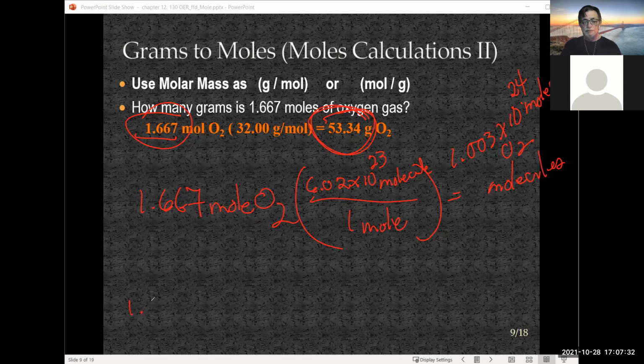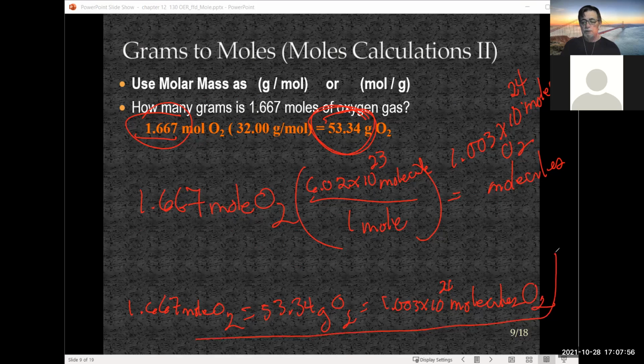Another way of saying that is 1.667 moles of O2 equals 53.34 grams of O2, which is equal to 1.003 times 10 to the 24 molecules of O2. Okay. Any questions about that?